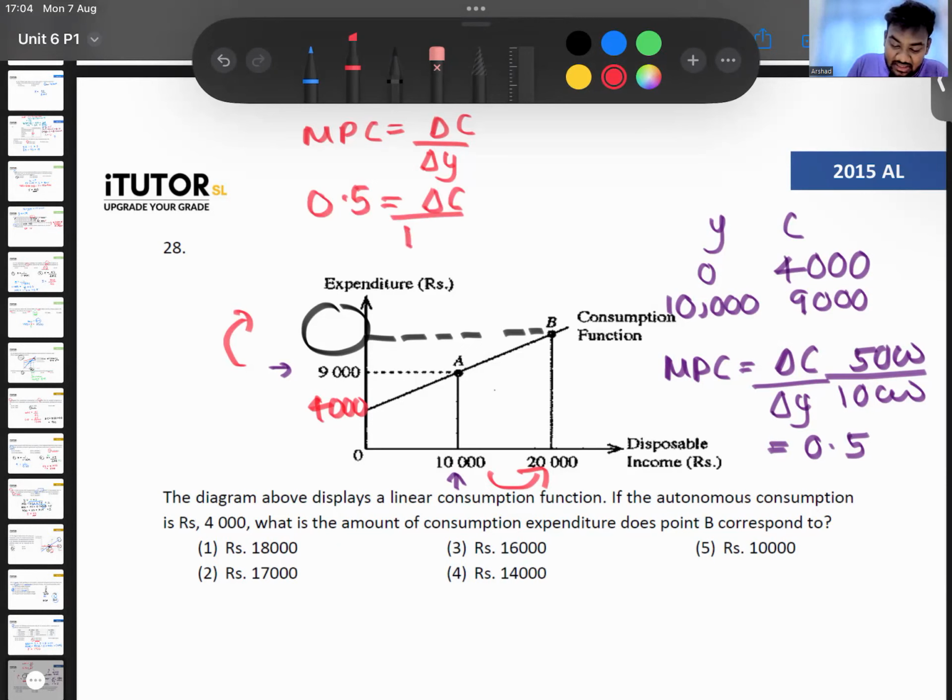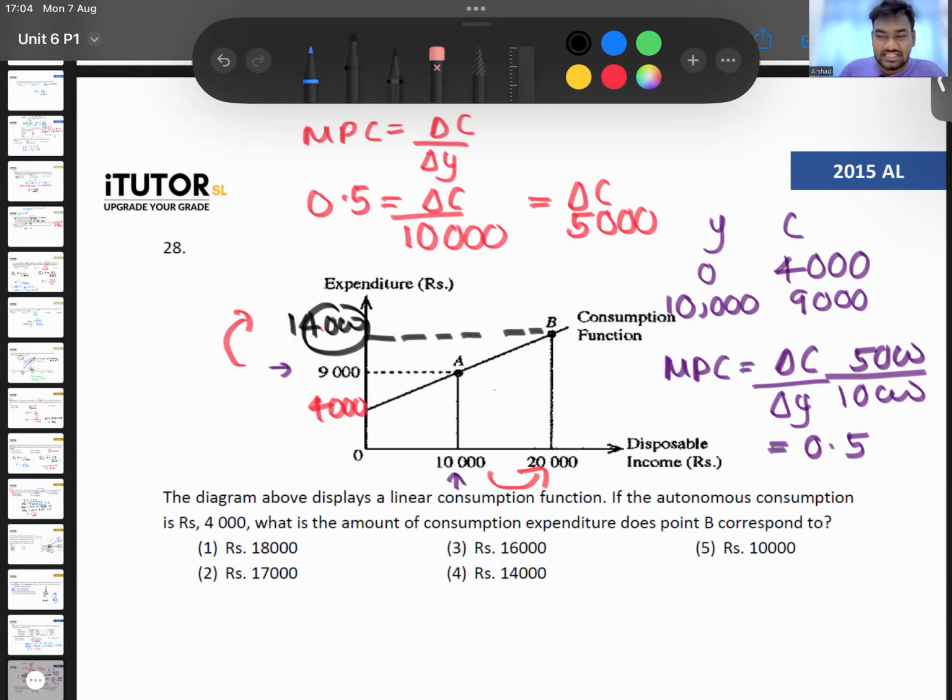Change in income is 10,000. So how much is our change in consumption then? Change in consumption is 5,000. So how much should the consumption figure here be? If the change is 5,000, 9,000 should have become how much? 14,000, right? 9,000 should have become 14,000.